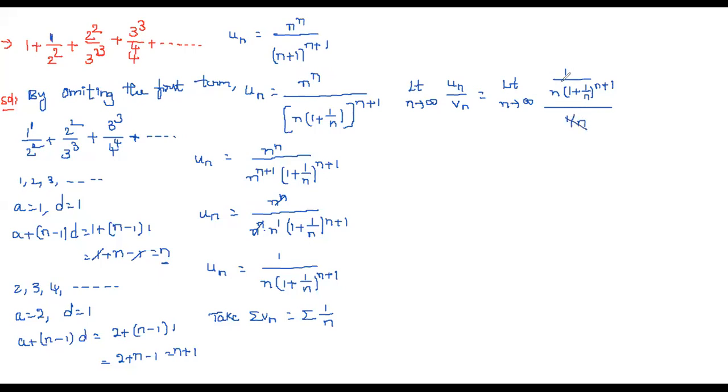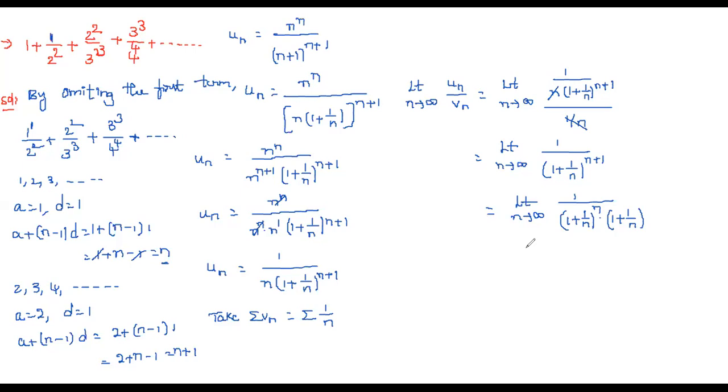Here these two cancel, 1 by n and 1 by n. And now what about the remaining? Limit n tends to infinity, 1 by 1 plus 1 by n whole power n plus 1. So this is nothing but we can write limit n tends to infinity of 1 by 1 plus 1 by n whole power n, into 1 plus 1 by n.